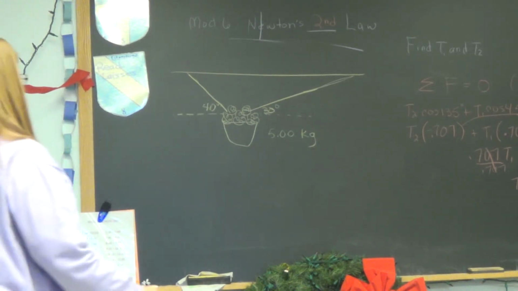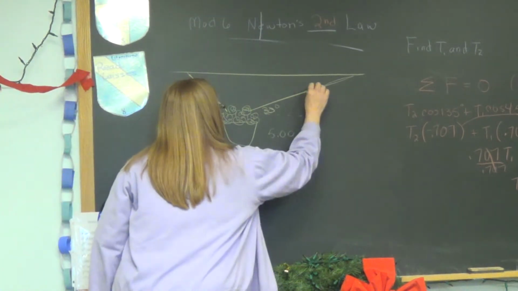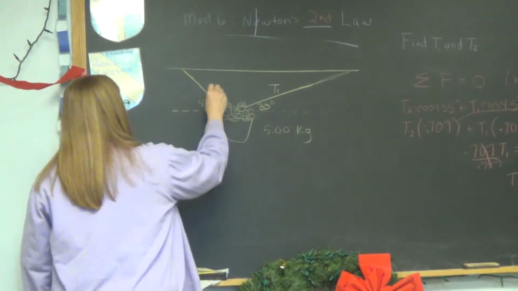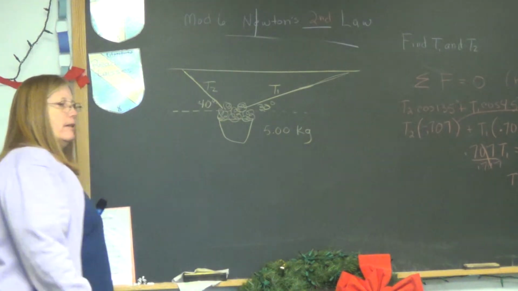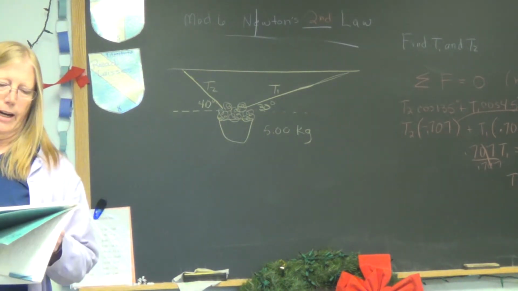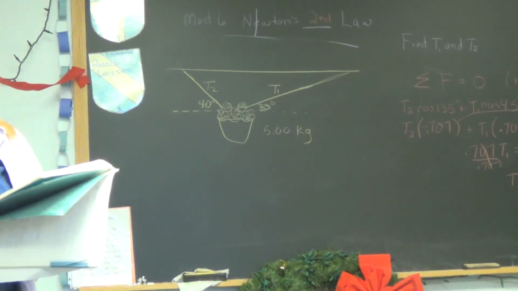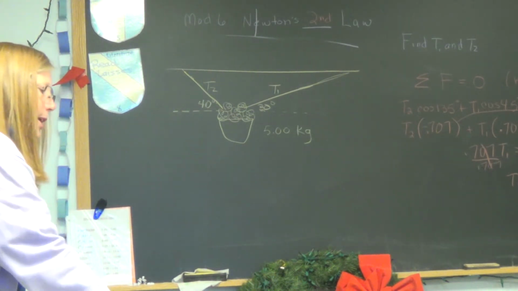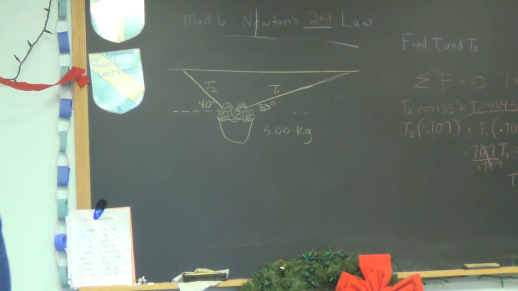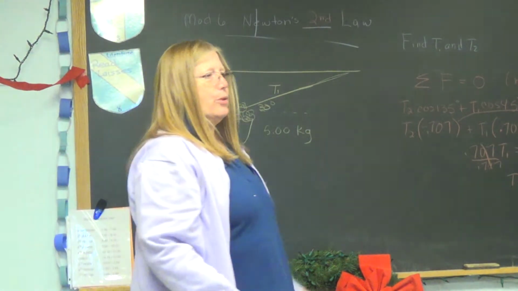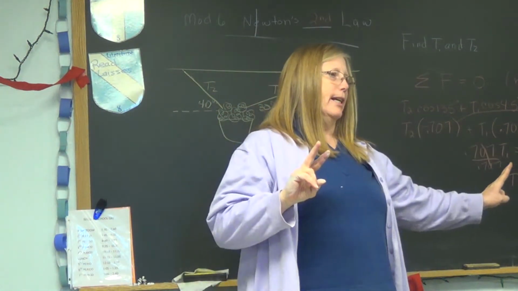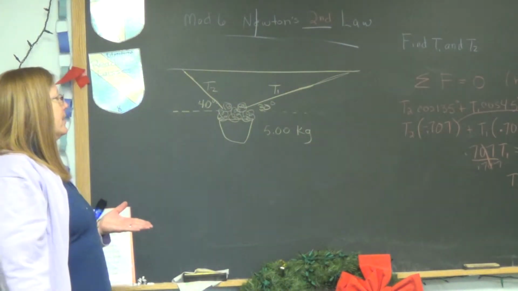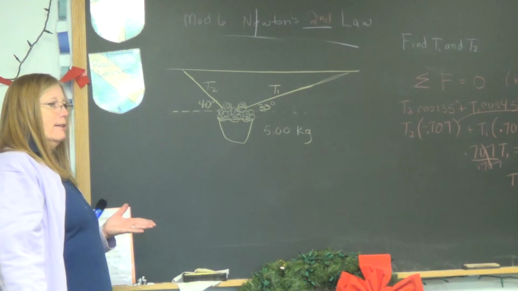I'll call the tension in this longer wire at 30 degrees T1. I'll call the tension in the shorter 40-degree wire T2. Let's see if you can take those two colors that you used previously and draw in the horizontal forces in this picture with one color.